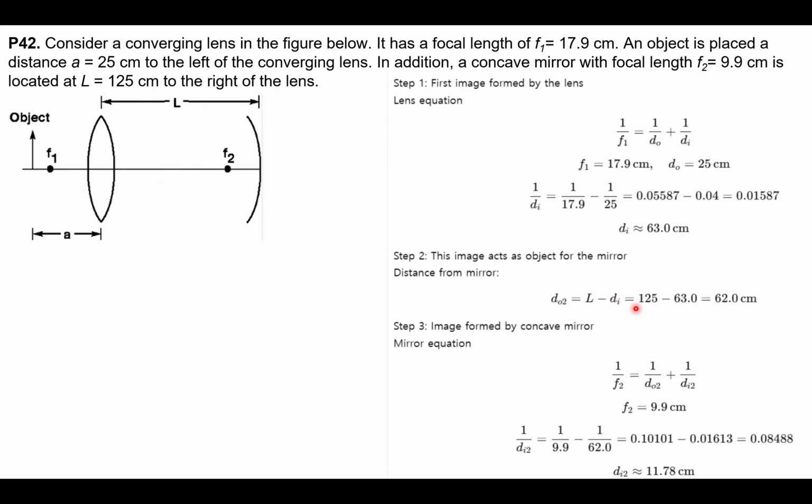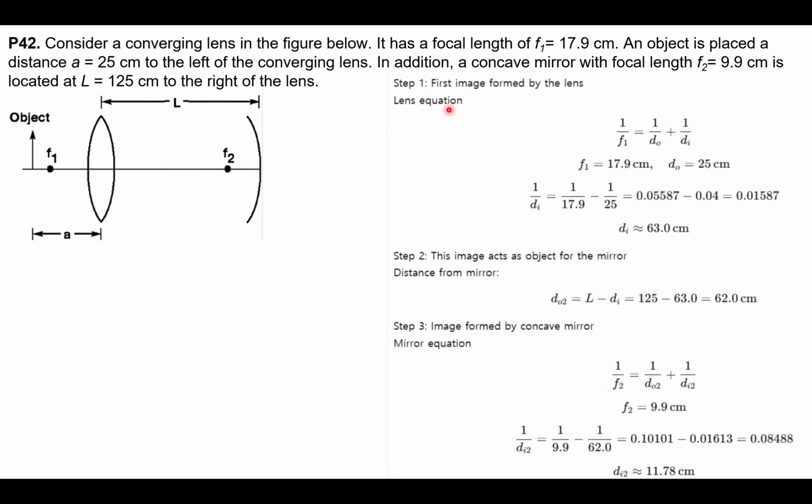This is the very critical step. And then you get the object distance for the mirror. And then you apply the mirror equation, and you get di2, which is given by this one, referenced to this position. So you need to understand what you are doing.